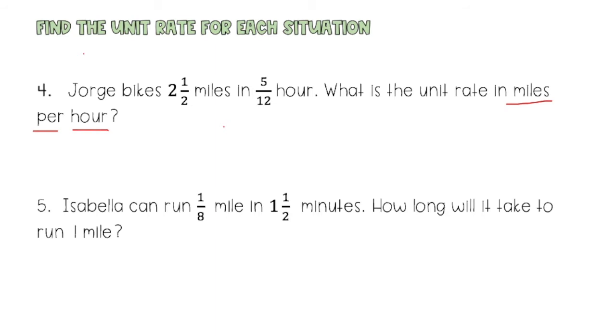I know that to find unit rate, we're going to divide. So I'm going to substitute with the information that we know. So if I want to find the miles, I'm going to use 2.5 divided by, and we're trying to find per hour. So what information I have is 5/12 of an hour.